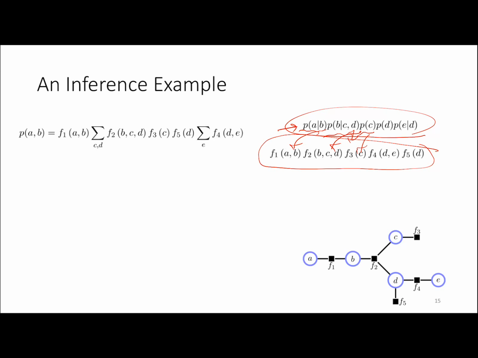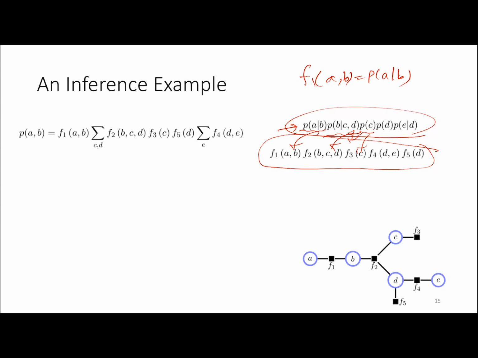It's basically here F1, here is F_AB. We are talking about it as P(A given B), but it doesn't matter. It doesn't have to be normalized or anything. So let's focus on the general factor tree. Now we have to sum over C, D, and E.